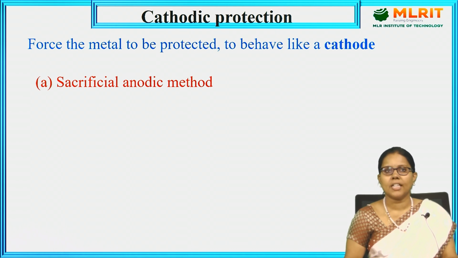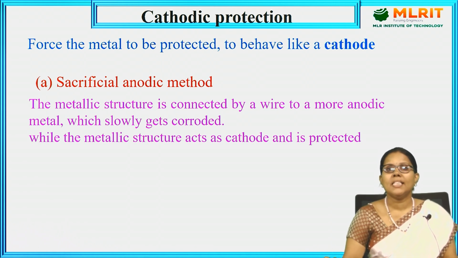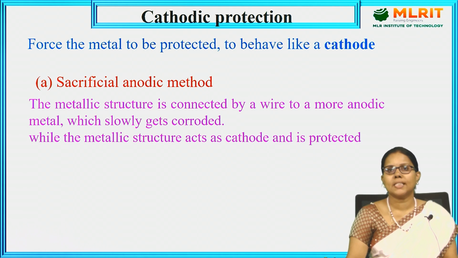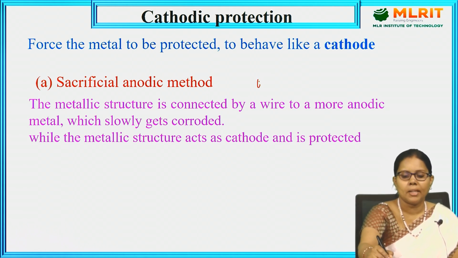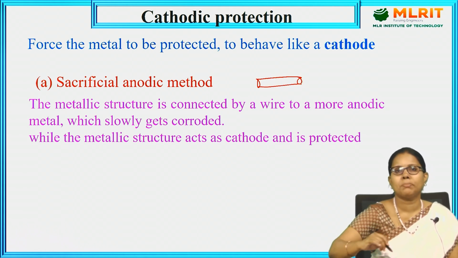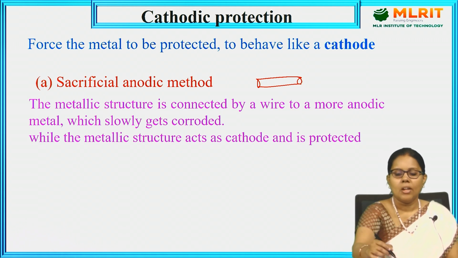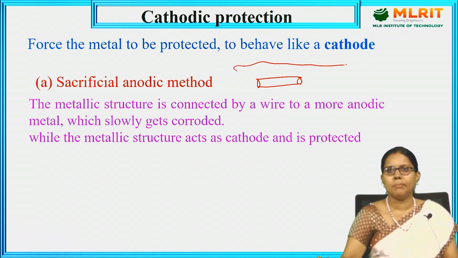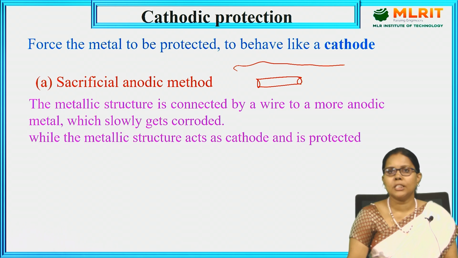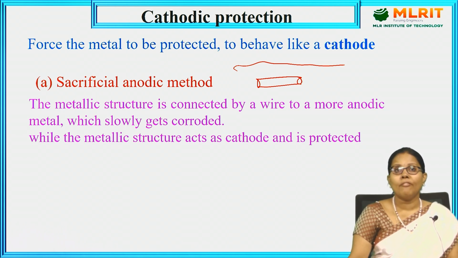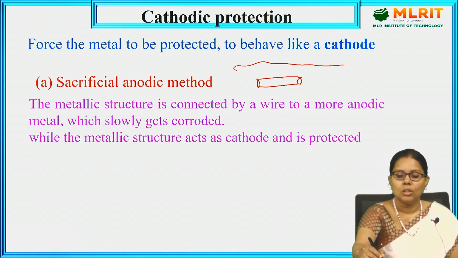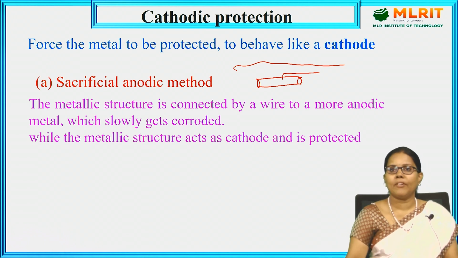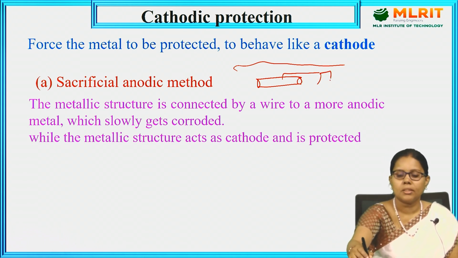The first cathodic protection is the sacrificial anodic method. The metallic structure is connected by a wire to a more anodic metal which slowly gets corroded. If there is a pipeline buried below the soil that we want to protect, we have to connect it through a wire to the more anodic metal.